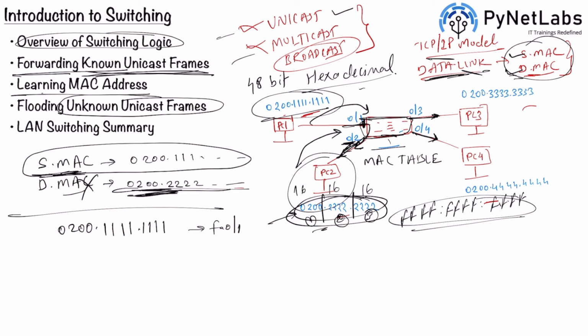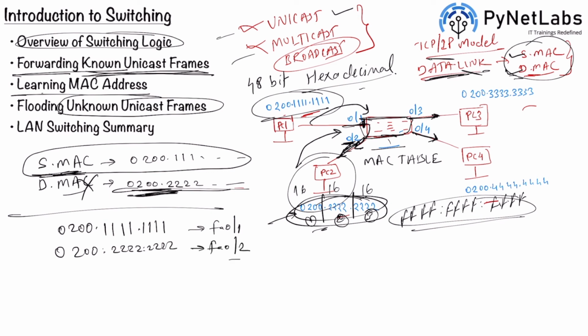Makes sense? As the information is stored in the source MAC field of the Ethernet header, the switch will trust that information and make an entry in the MAC address table that 02002222 is connected to FA0/2.